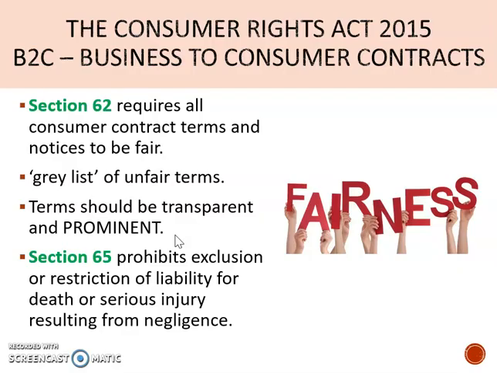And if you think back to the examples I showed you at the start of my pet insurance policy, they quite clearly said things like what we are not able to cover. And they're drawn to the attention of the consumer. If there's anything unusual or harsh in the contract, that should be extra prominent for it to be valid. Section 65 says that you can't restrict liability for death or serious injury resulting from negligence.